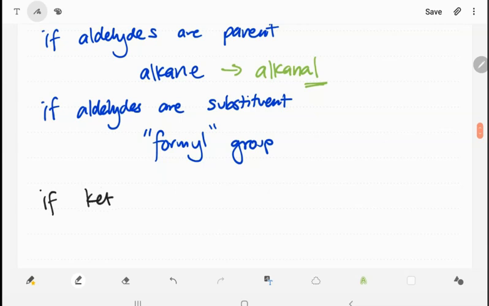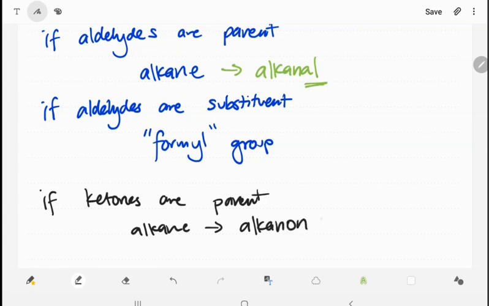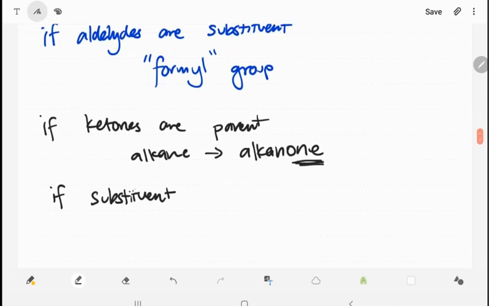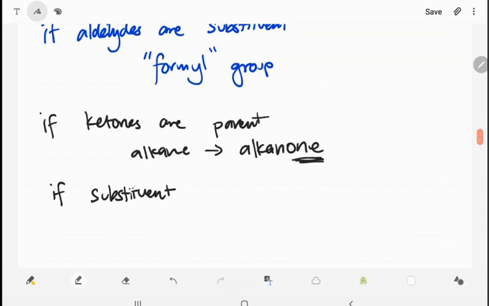If ketones are the parent, you go from your alkane name to alkanone. So you end in -one. And then if they're substituent, which could happen, they are an oxo group.